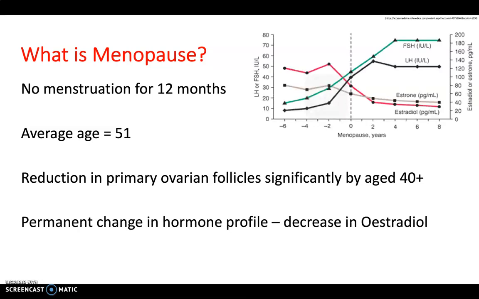Along with this, you'll have a permanent change in the hormone profile. If you can see in the graph in the top right, you'll have a marked reduction in estradiol after menopause. But along with that, you'll also have a huge increase in FSH, and this is trying to compensate through negative feedback loops in order to try and stimulate more estradiol production.